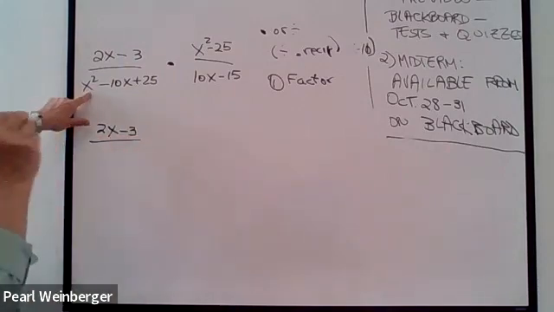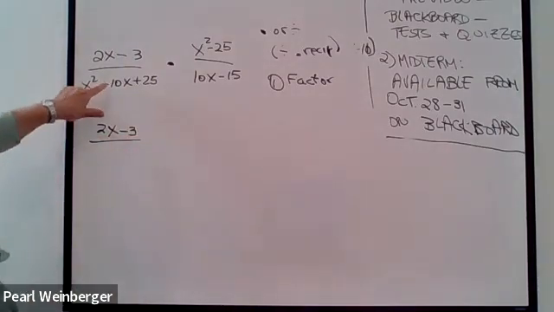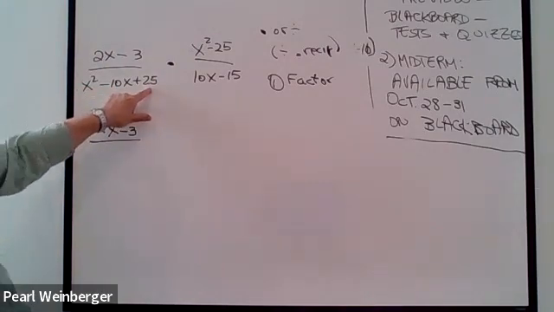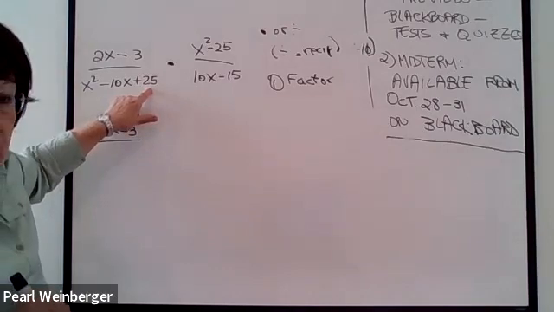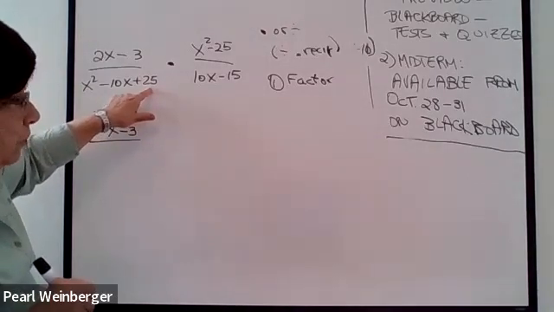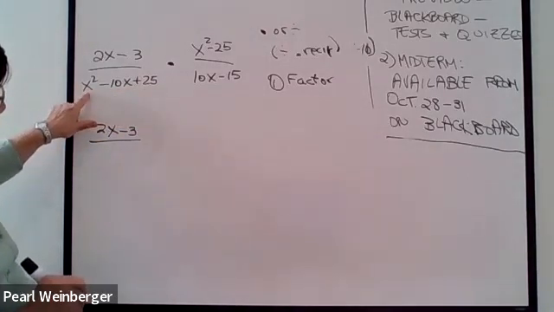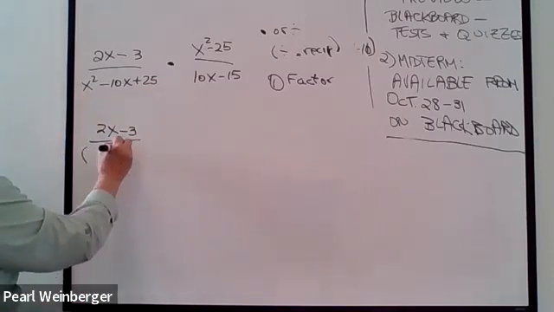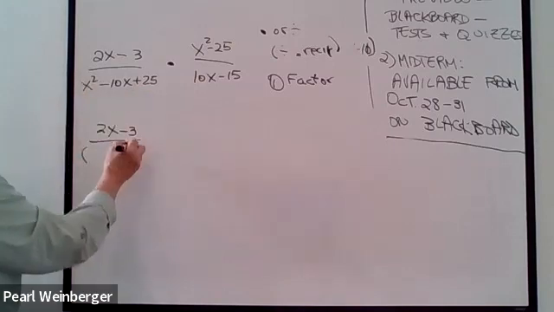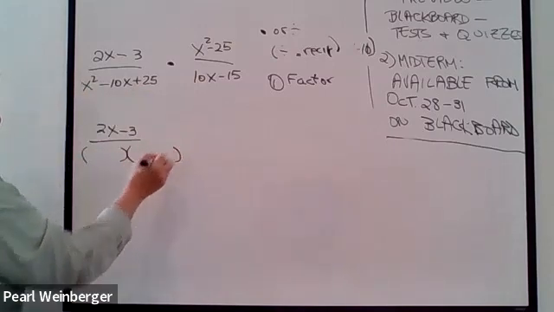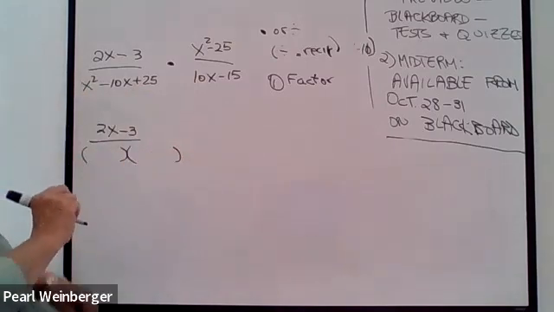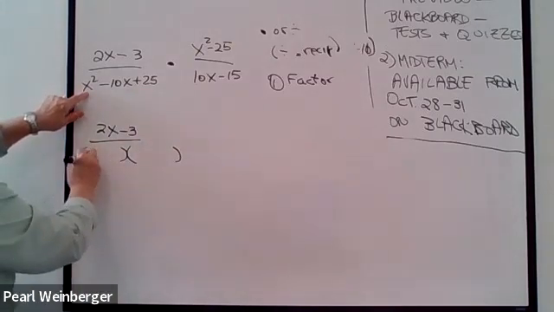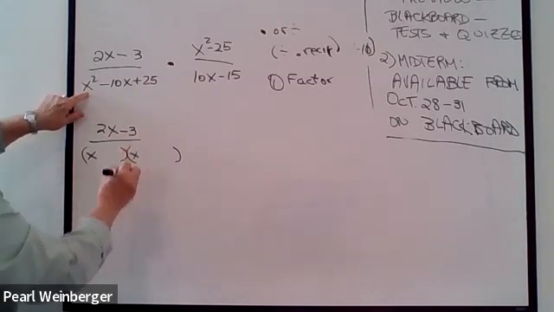Then I go to the denominator of that fraction, x squared minus 10x plus 25. And I see this is a trinomial, so I know I'm going to have to do trinomial factoring. And since my leading coefficient happens to be 1, I can right away break it up into two parentheses. I look at the x squared, I break it up into x and x.